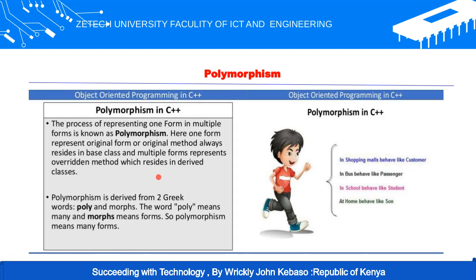This is a technical explanation, and I'm sure all of you are not getting the meaning of this. So to demystify this point, what I want you to get is simple. For polymorphism to occur, there must be classes.